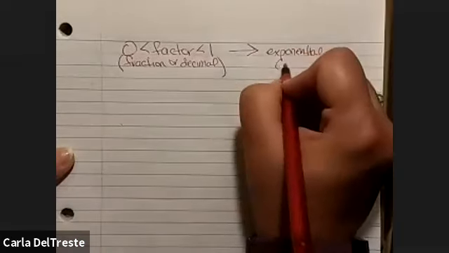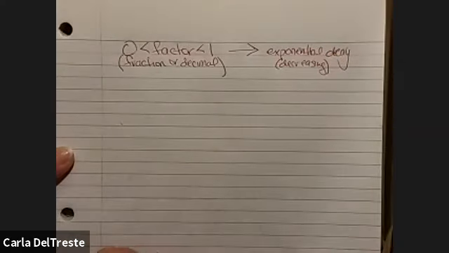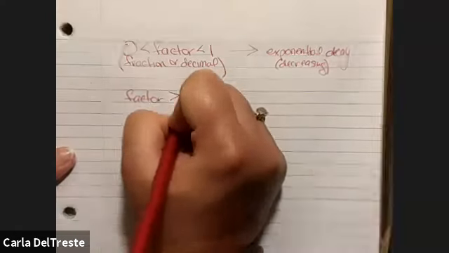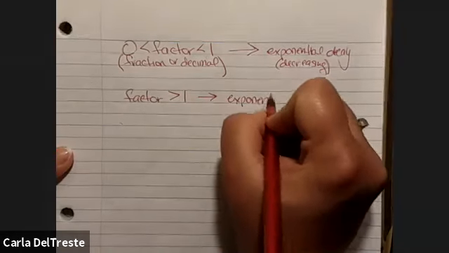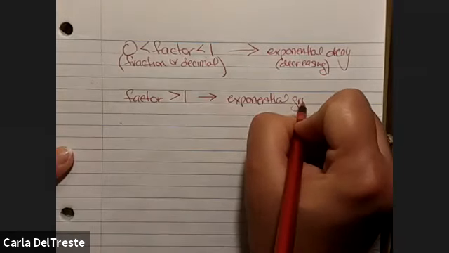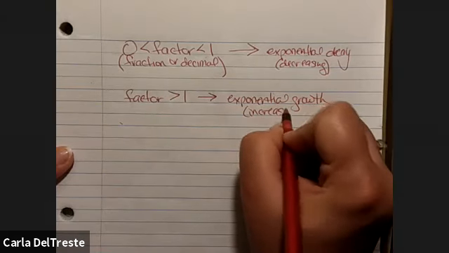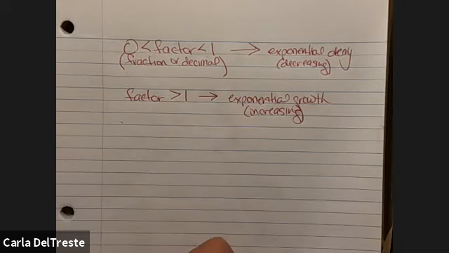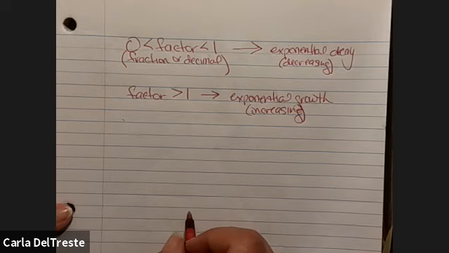Or in other words, it'll be decreasing. If the factor is larger than 1, then we know that we're going to have exponential growth, or it's going to be increasing. Okay?